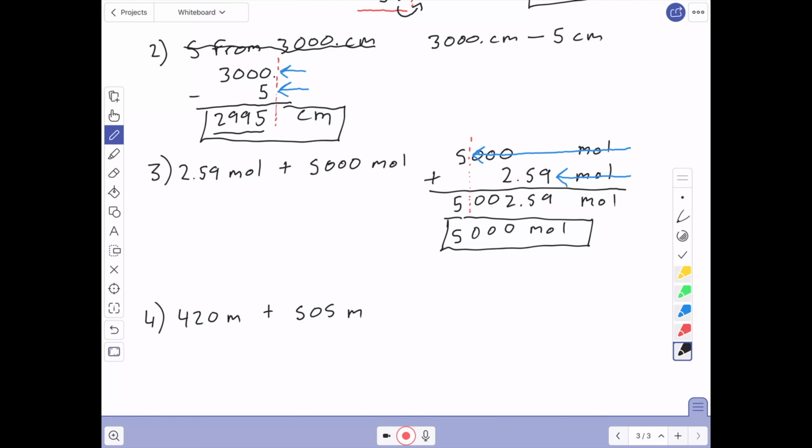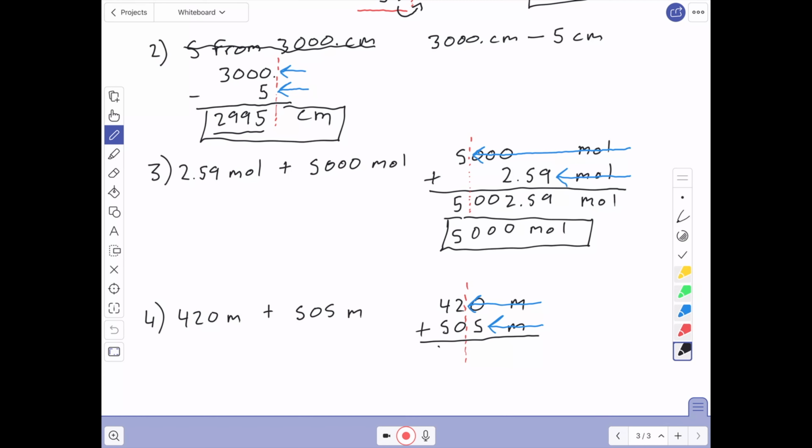All right, vertical setup, right? What do we do next? Arrows, right? Again, don't let that 0 fool you. This was not 420 dot, this was 420. So we go straight through it. It's not significant. So that vertical line comes down to here.